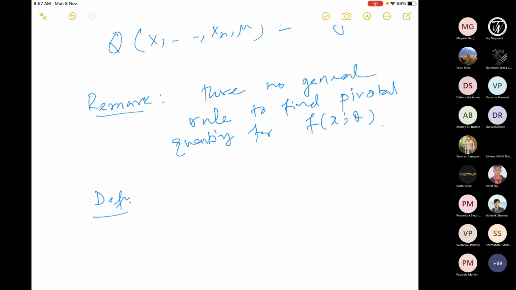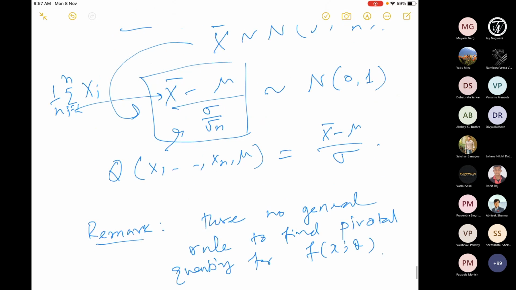But in which sense they are nice, now it will come. Because if the population has this kind of a distribution, then I can probably find this pivotal quantity easily, or my guess will work.